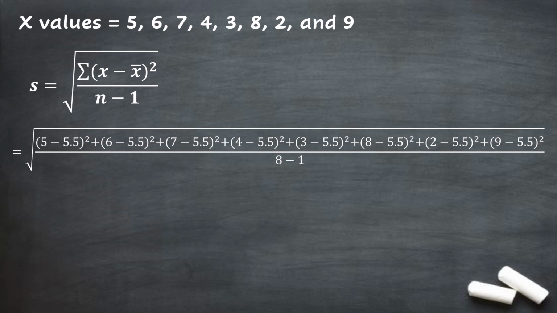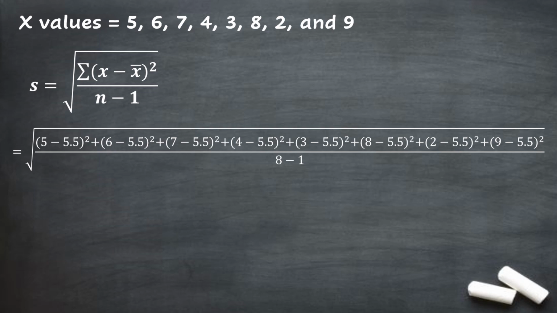Plus the next value for x is 7, subtract 5.5, then squared, plus 4 minus 5.5 squared, plus 3 minus 5.5 squared, plus 8 minus 5.5 squared, plus 2 minus 5.5 squared, plus the last x value is 9 minus 5.5 squared, all over 8 minus 1.